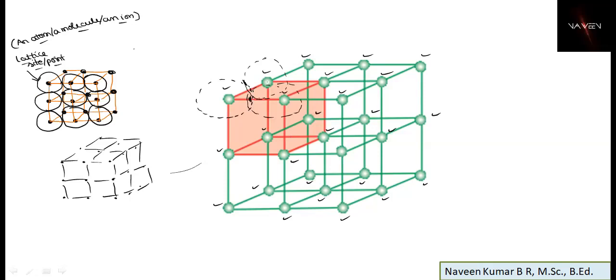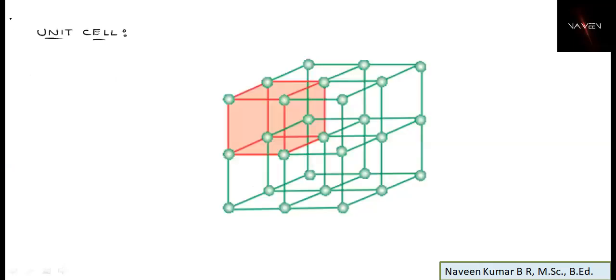Now we'll try to learn what a unit cell is. Now unit cell, it is the smallest portion in the crystal lattice or in a space lattice.